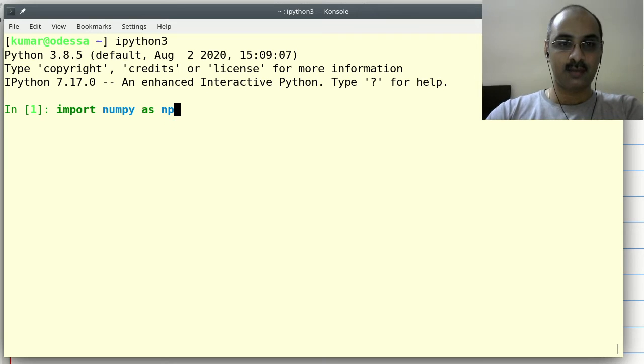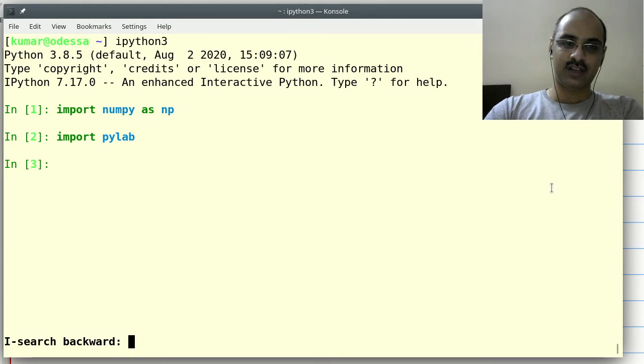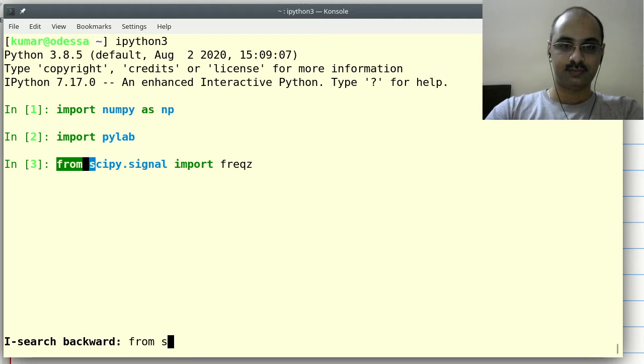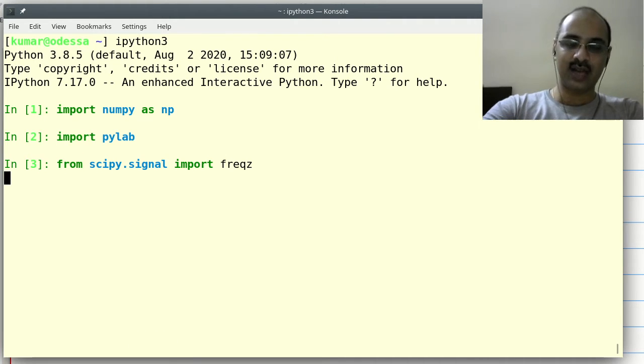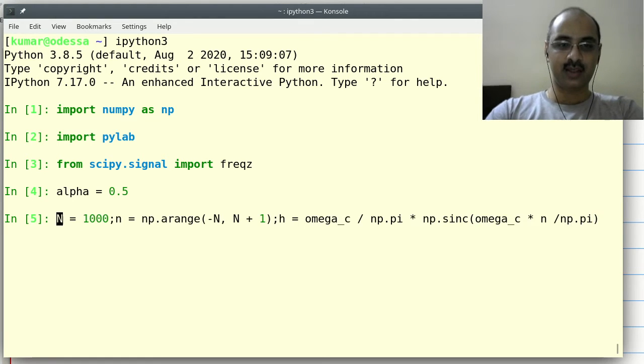Okay, so we'll import numpy, we'll import pylab. We'll also get our favorite freqz. Now let's actually look at a truncated version of this sequence. We will take alpha to be 0.5, and then let's evaluate.